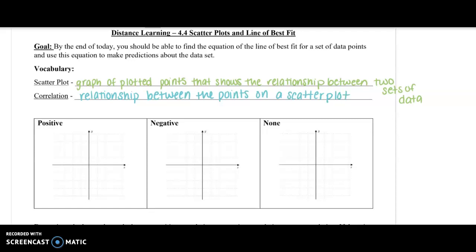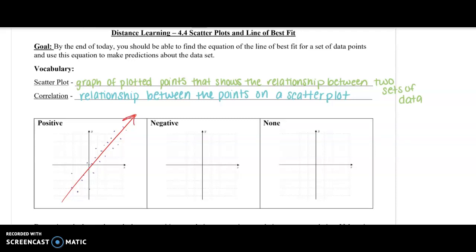So we have 3 different types of correlation that we're going to talk about. The first one is a positive correlation, and a positive correlation means it's going to be increasing, it's going to be going up. So you would see your dots in a pattern like this, where hopefully you can see that for the most part, they're all moving in the upward direction. Okay, remember, we always read it left to right.